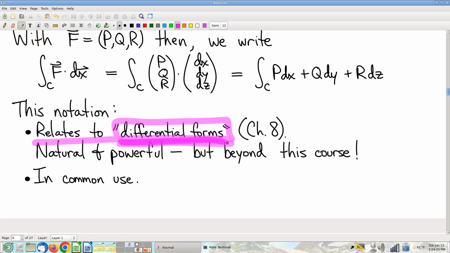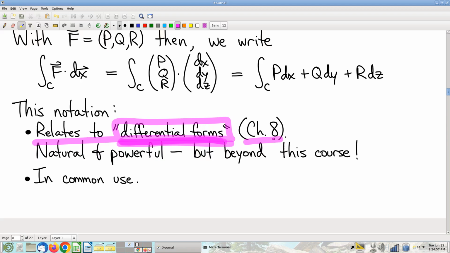There are important facts that are by far best proved and understood in terms of differential forms. And that is well beyond appropriate for Math 219, in my opinion. But if you're curious, if you want to take a quick glance at what differential forms look like, take a look at Chapter 8.